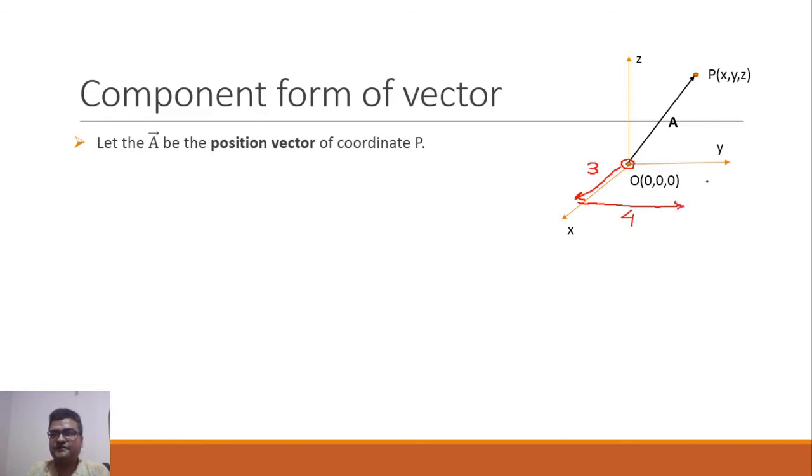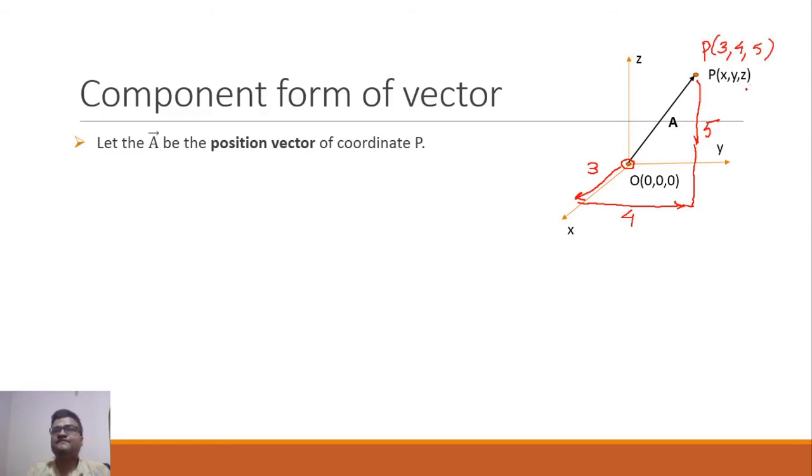And then, let's say this point was here on the base xy plane, and it started moving upwards and reached point P. So the elevation that it took was maybe 5 units. So the final position that it acquired was P(3, 4, 5). These 3, 4, 5 correspond to these x, y, z variables.